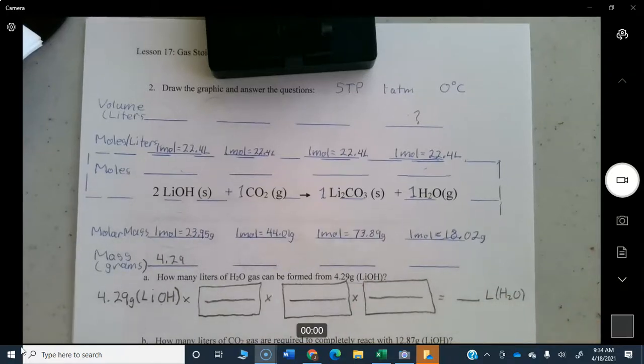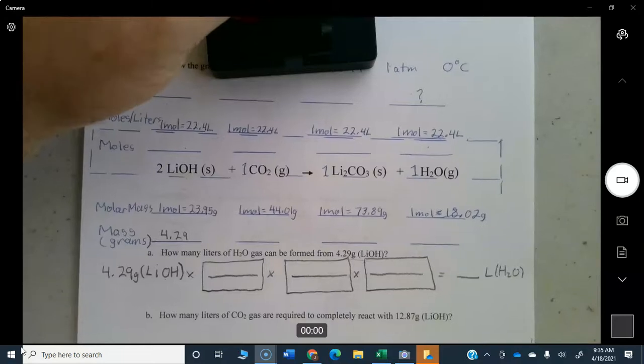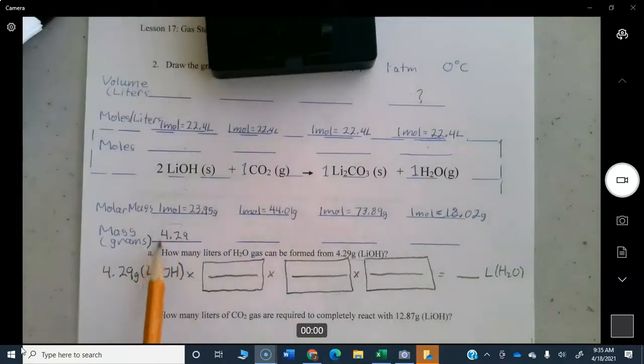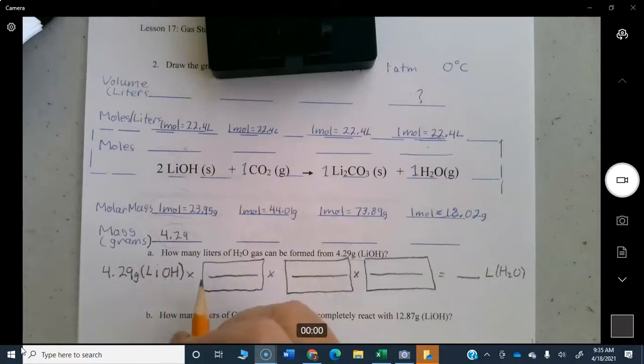Okay, so everything is set up. Come down here. Our first conversion is to get from here into the equation using the molar mass for lithium hydroxide. Which one goes on the bottom?